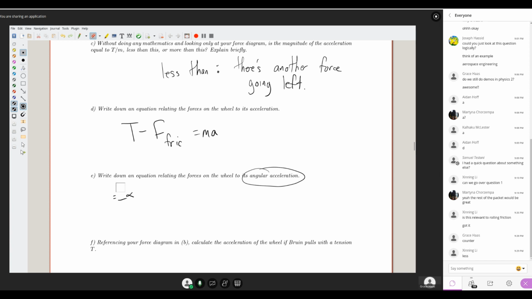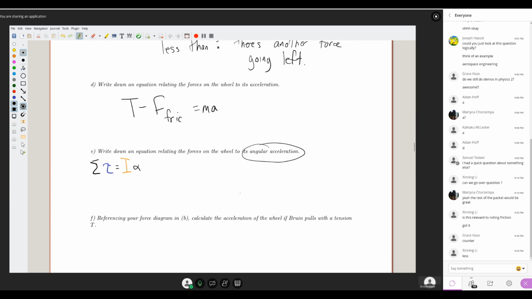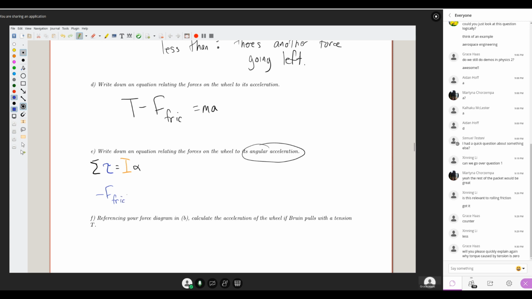Here, I'm just erasing because I want to color code these things. So the net torque equals I alpha. Okay, so the torque here we decided was minus F fric times radius. Sure, Grace, let me write this equation here, and then I will certainly do that. The moment of inertia is 1/2 mr squared times alpha.